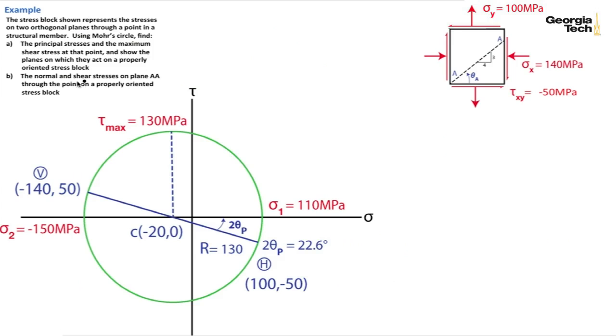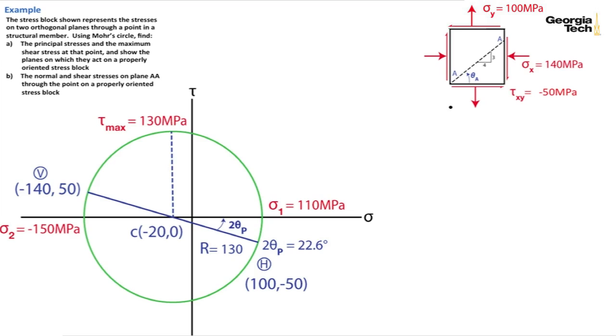And we found the principal stresses, sigma sub 1 and sigma sub 2, and the maximum shear stress, and we also drew it on a properly oriented stress block. Today we're going to look at the normal stresses and the shear stresses on plane AA on our stress block.